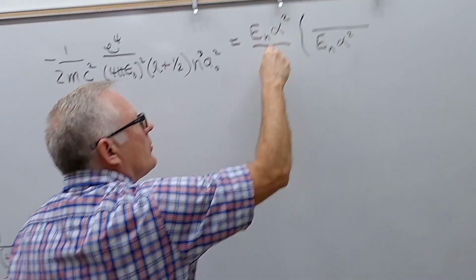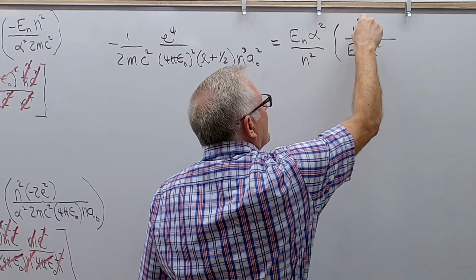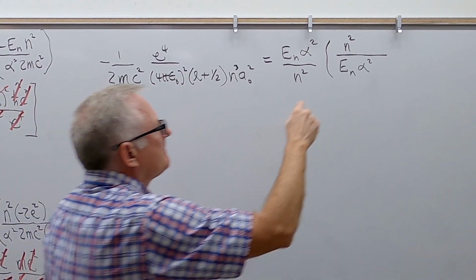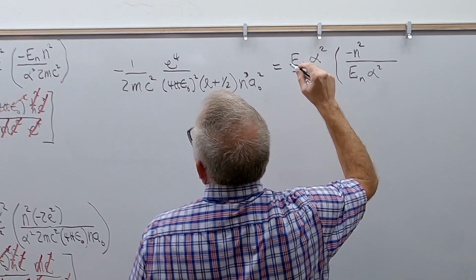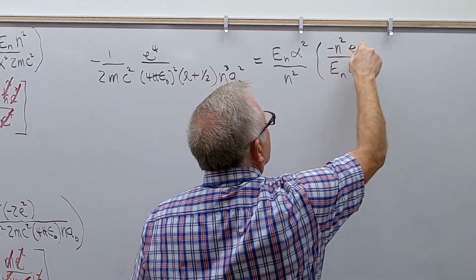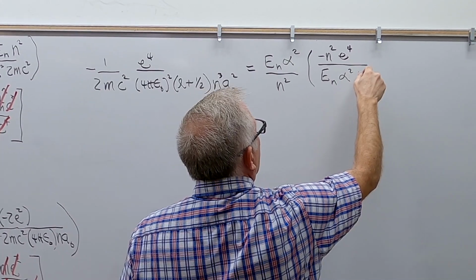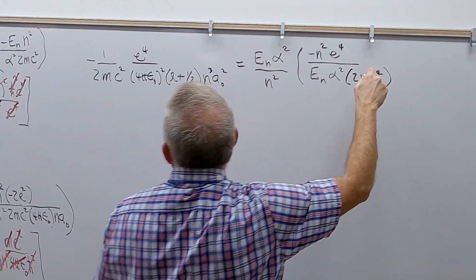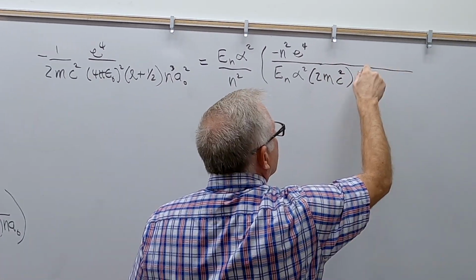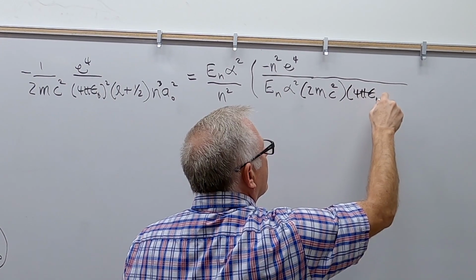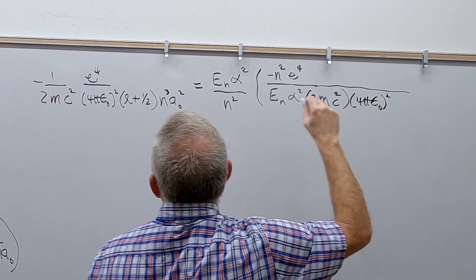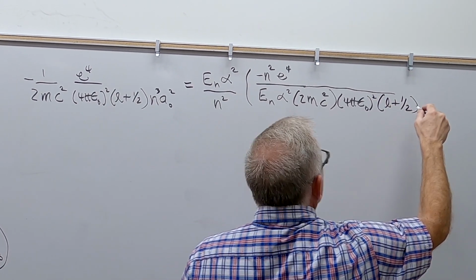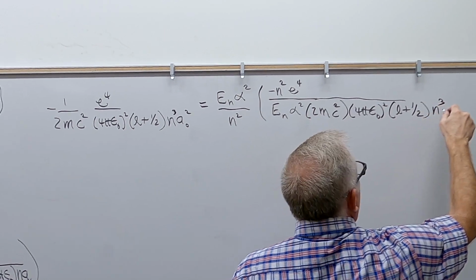And I have an n squared here, and so I need an n squared there, and then I just need to put everything else up there, which is the minus e to the fourth, and then down below here we've got a 2mc squared, 4 pi epsilon naught squared, L plus a half, n cubed, a naught squared.